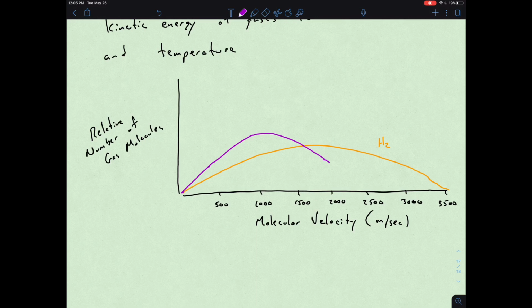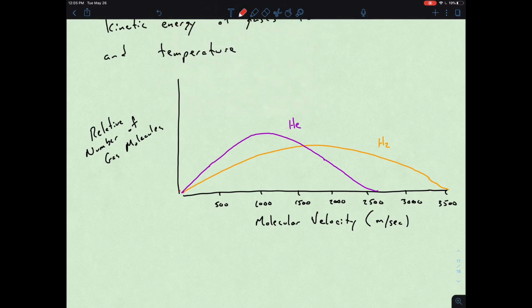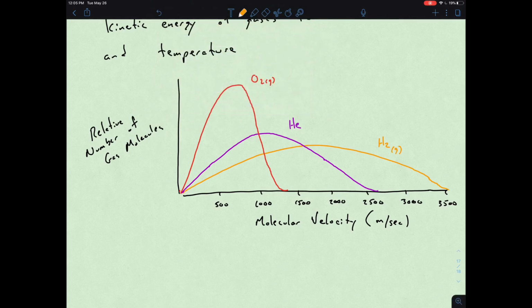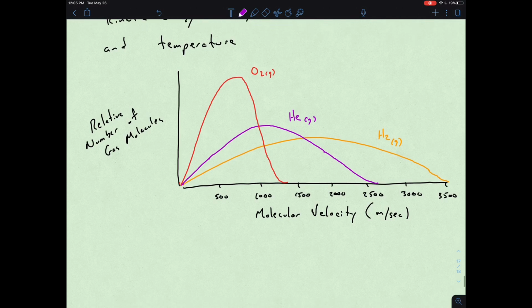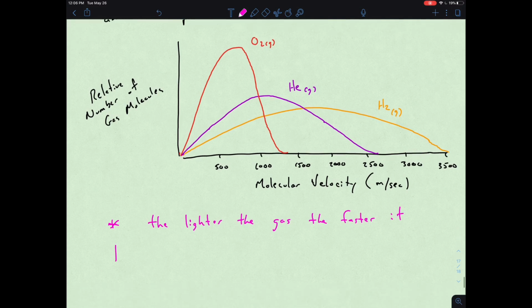Here looking at helium, and then we could even get to looking at oxygen, just as a representative set. We find that there's a trend that we can see here, and that's pretty simple. The lighter the gas, the faster it actually travels.